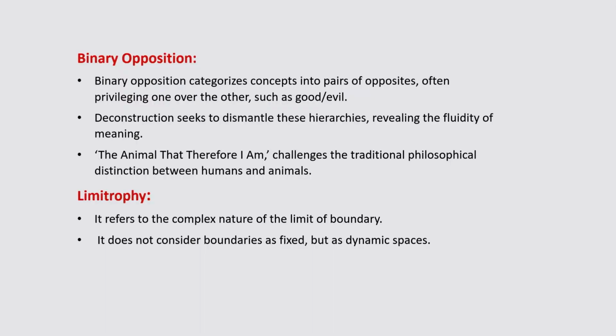So he says that apart from science, the boundaries are also not fixed. Boundary refers to the contrasting pairs. The two seemingly opposite terms are not opposite, rather, there is a wide in-between space. It does not consider boundaries as fixed but as dynamic spaces.